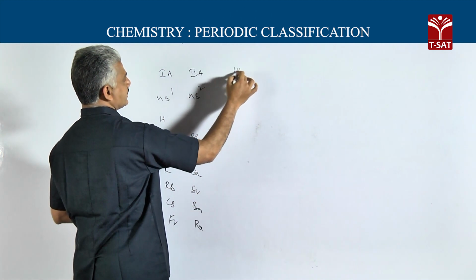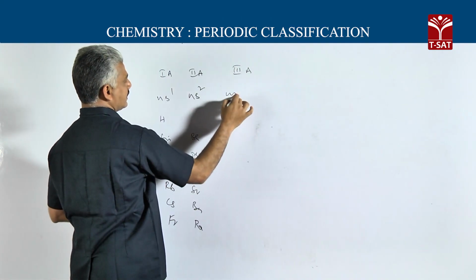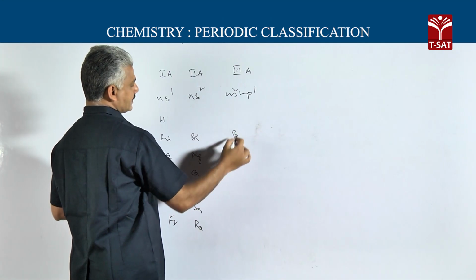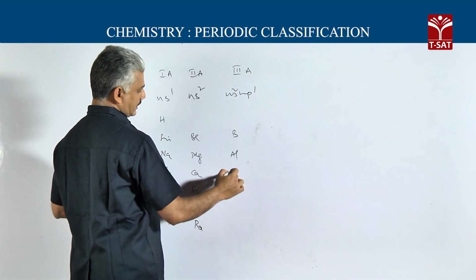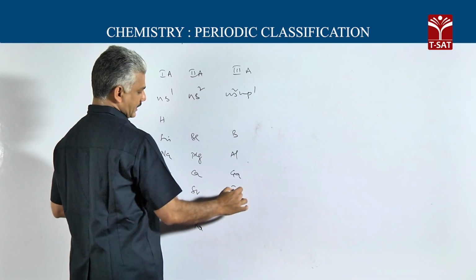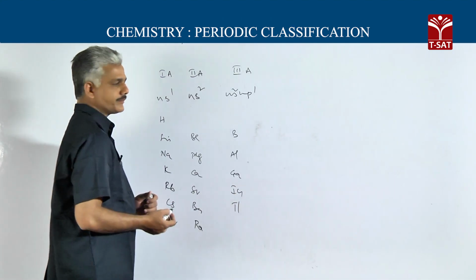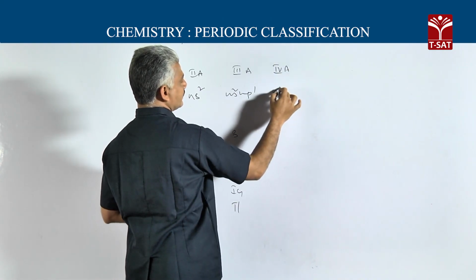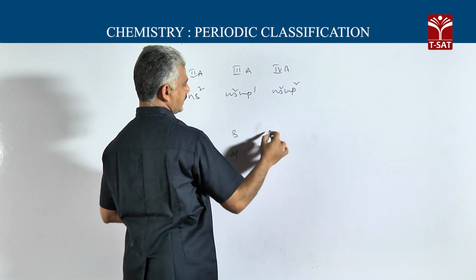The 3rd A group elements' general configuration is ns2 np1. The group begins with boron and continues with aluminum, gallium, indium and thallium. The 4th A group elements' general configuration is ns2 np2.